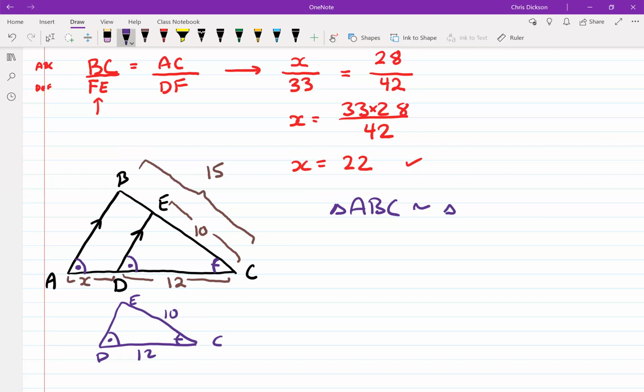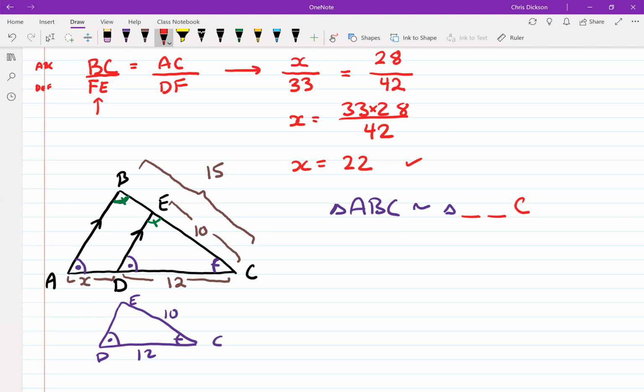Now this actually is the AA rule. We know the other angle here, because they're parallel lines, that angle up there would have to be the same as that angle. So this diagram has 3 equal angles, so they are similar to each other. Both triangles have angle C. So I'm going to write my statement here. Triangle ABC is similar to blank, blank, and it would have to be a C on the end because it's the same angle.